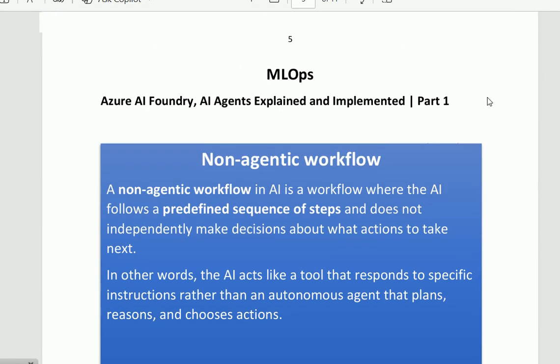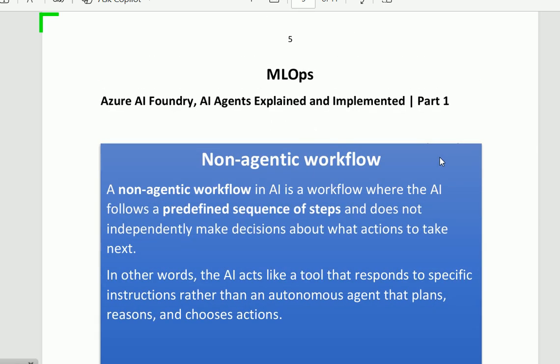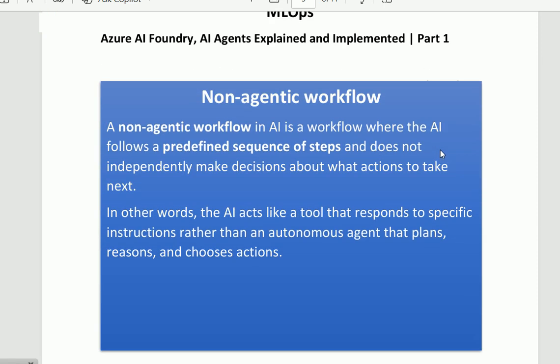Now, I shall explain in detail the non-agentic workflow and agentic workflow. It is important because when you have good knowledge about the workflow, after that you can implement the workflow for the agent. So first of all, I shall explain non-agentic workflow. A non-agentic workflow in AI is a workflow where the AI follows a predefined sequence of steps.